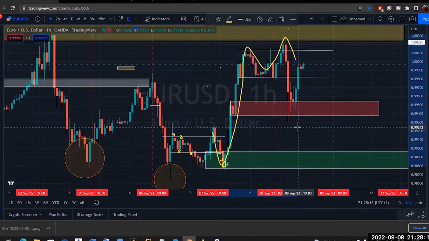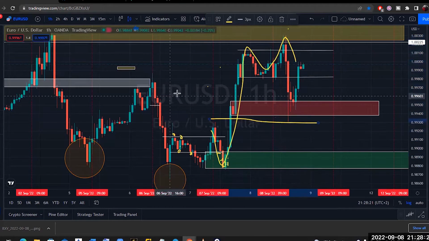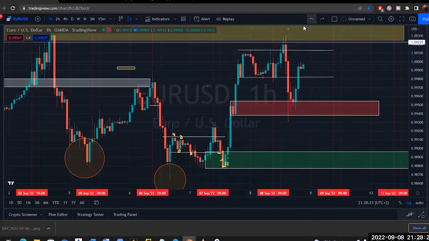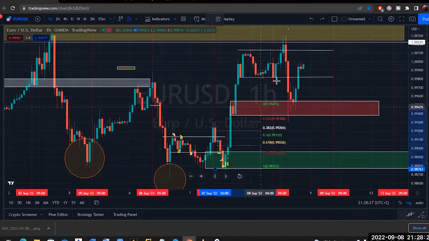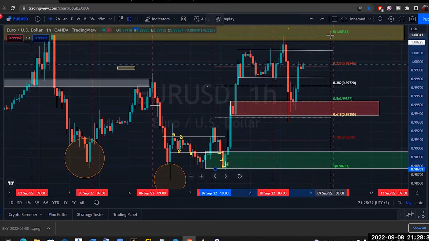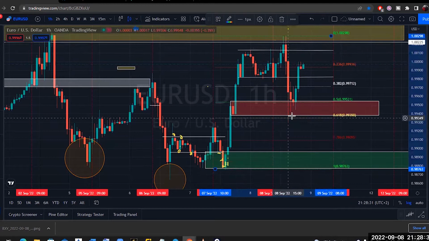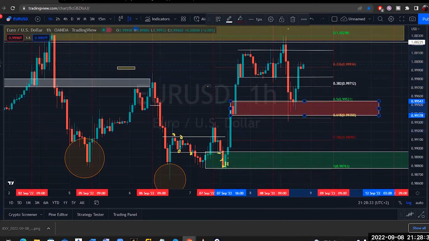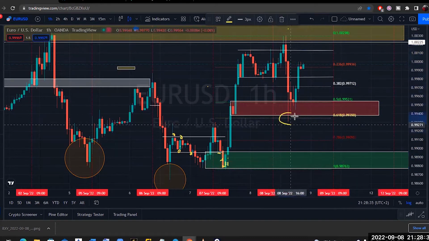But the reason why I knew it was now time to take profit for the sell was because this level here might not have an order block, but this level here is a very important retracement. So if I draw a bullish retracement line, you can see right there our golden ratio is just sitting just under this H1 demand, which I warn about in my video as to why it's not a good idea.